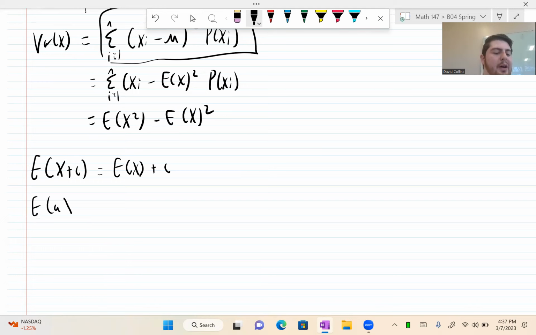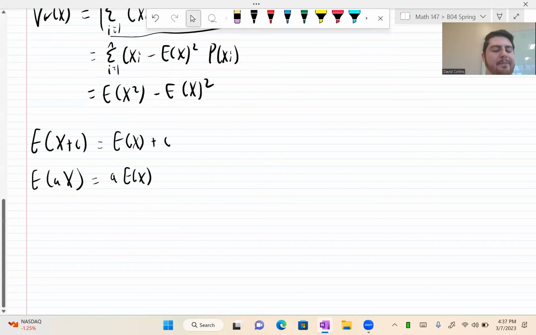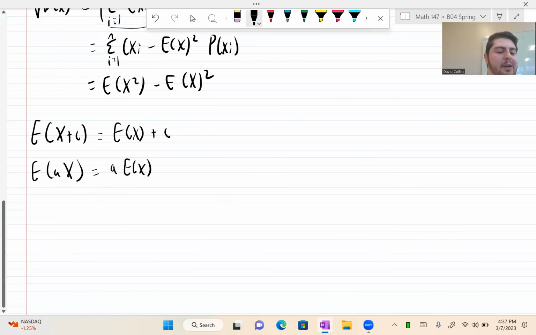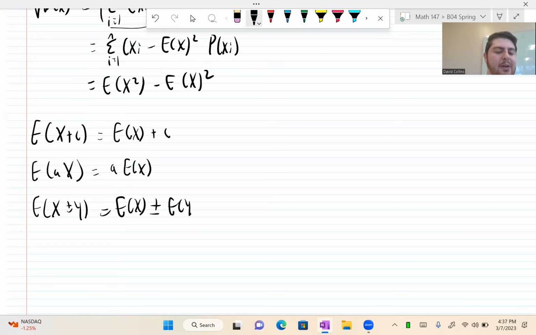The expected value of a times X, where a is some number, it can be 0, is a times expected value of X. Which kind of makes sense, right? If you add 5 to every number, you should raise the mean by 5. If you multiply every number by 3, you should multiply the mean by 3. You've already done this on your first test, right? And expected value of X plus or minus Y is expected value of X plus or minus expected value of Y.